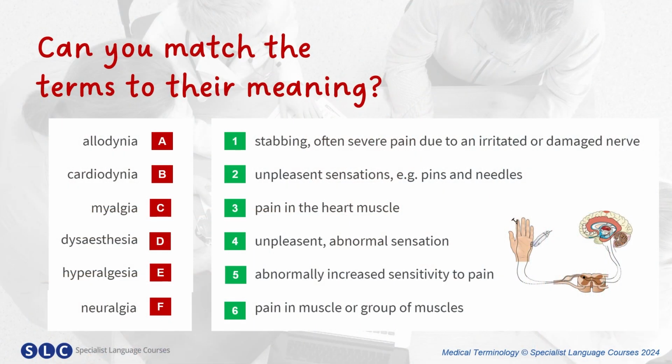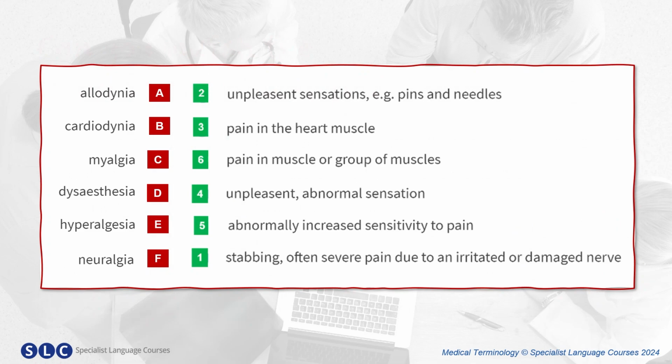Do you know what the terms mean? Let's take a look. Match the terms to their meaning. And here are the answers. Allodynia is an unpleasant sensation, such as pins and needles.